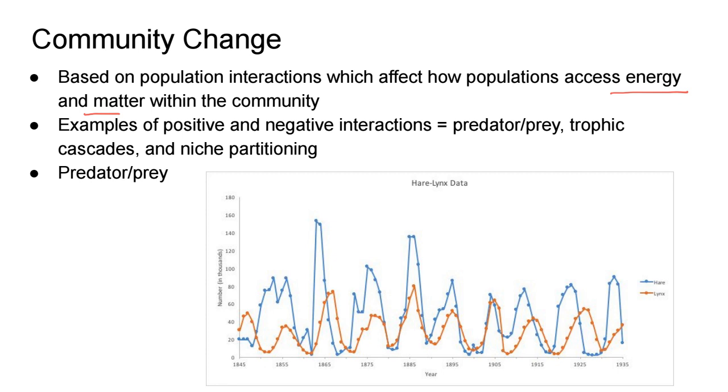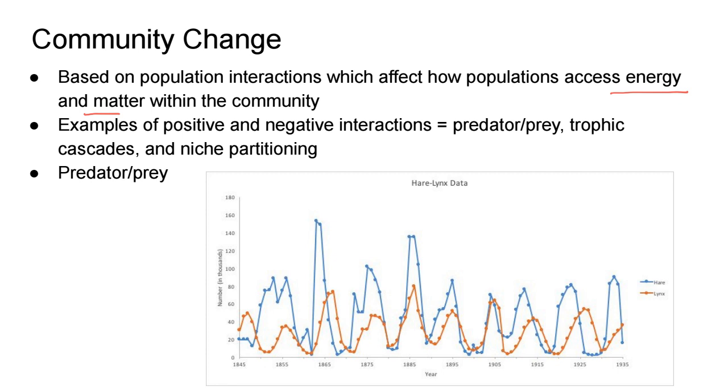And so you can have both positive and negative interactions within that community, right? We can have predator-prey interactions within that community, trophic cascades. So looking at how one organism can impact others, and not just by being a predator-prey, how it can basically travel down the food chain.